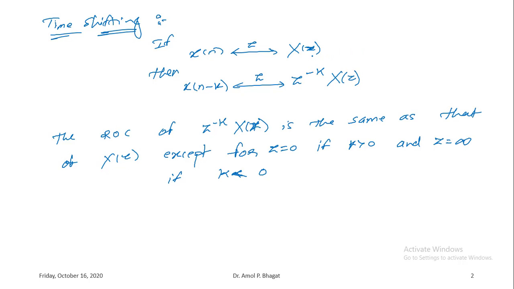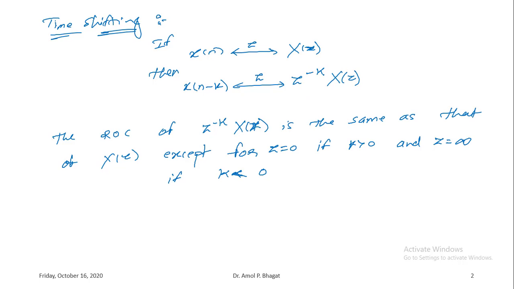a certain ROC, and if you compare the ROC of X of z and z to the power minus k into X of z, then the ROC of z to the power minus k into X of z will be the same as that of X of z, except for z is equal to 0. What does it mean? Except for z is equal to 0 if k is greater than 0, that means for positive values of k, right?